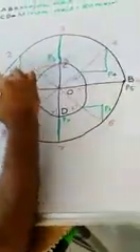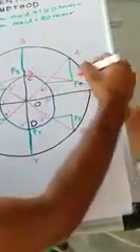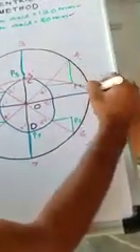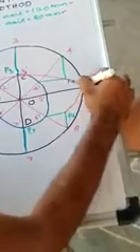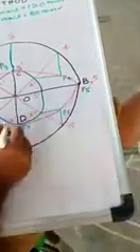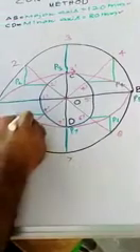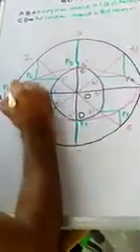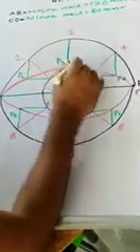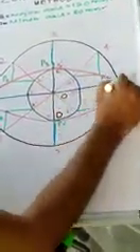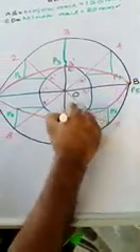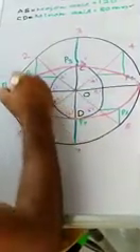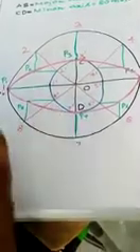I am joining P1, P2, P3, P4, P5, P6, P7, P8, P1. Now you can observe P1, P2, P3, P4, P5, P6, P7, P8, P1 representing an ellipse.